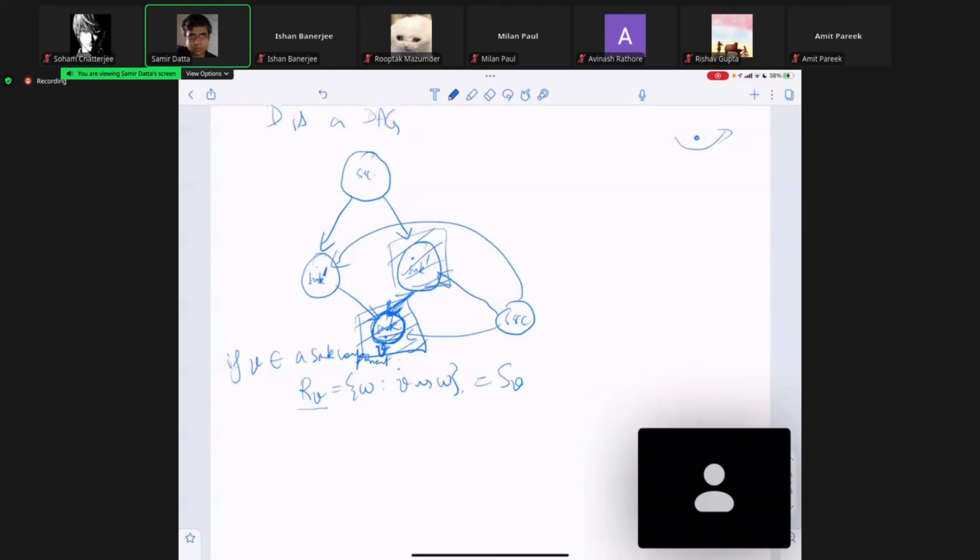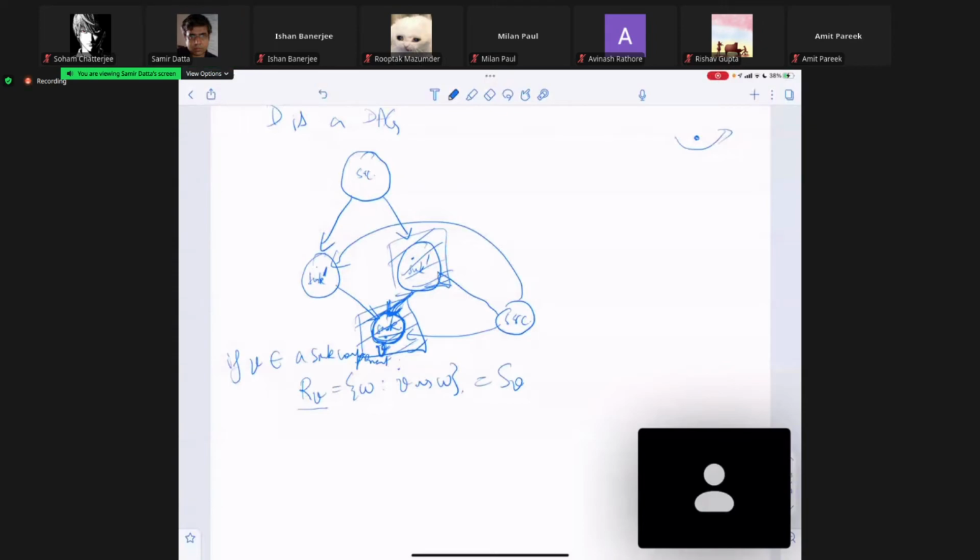So there are two parts to the problem. First is identifying a vertex in a sink component and then eliminating those. So how would you find a vertex in a sink component?